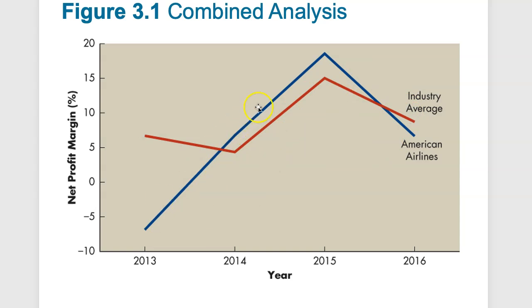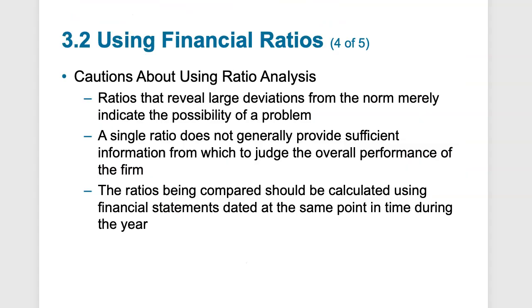And we can see how American Airlines' net profit margin compared to the industry. So they definitely, about 2014, 2015, surpassed the industry, but in 2016, they were less profitable than the industry. So this is a good graphical representation of a combined analysis. And it's very powerful because you get a time series and you get a comparison through time with the industry. And it's always good to do this graphically. It's a great way, as you can see, to visually understand.